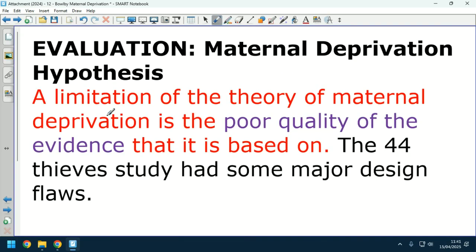If you do include Bowlby's 44 Thieves, you need to start with criticizing it as your counter argument. The evidence is considered to be poor quality because of design flaws. Some of Goldfarb's research could also be included here, so it's important for us to understand why this is a problem.